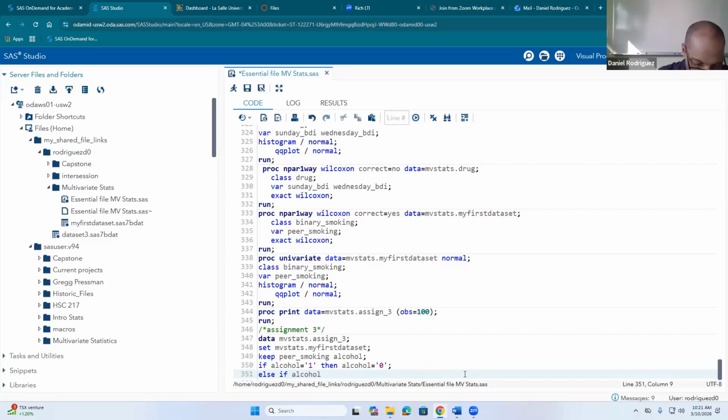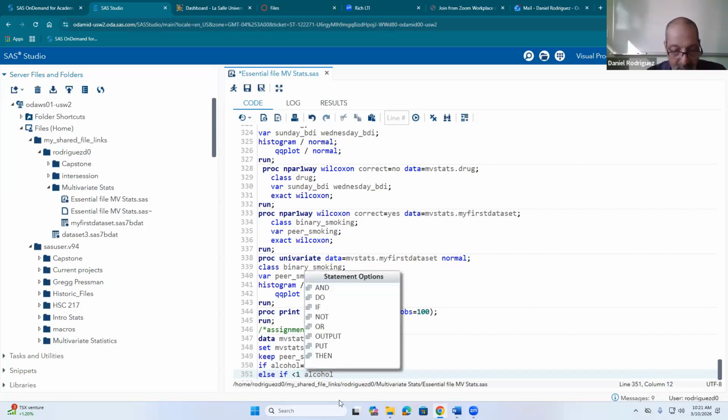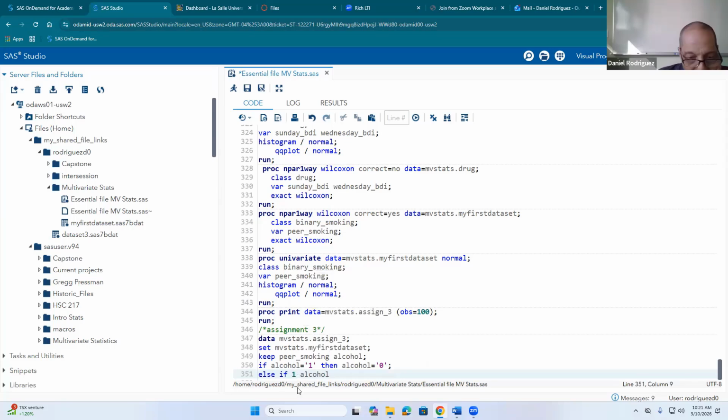So greater than 1, where's it greater than 1? No, alcohol, greater than one. Put it right here. Greater than one. And I think this is what I do.